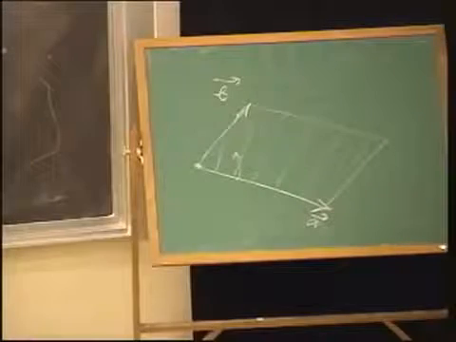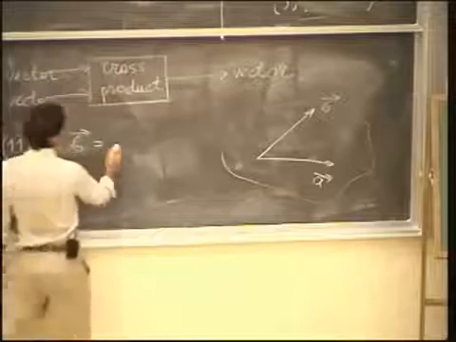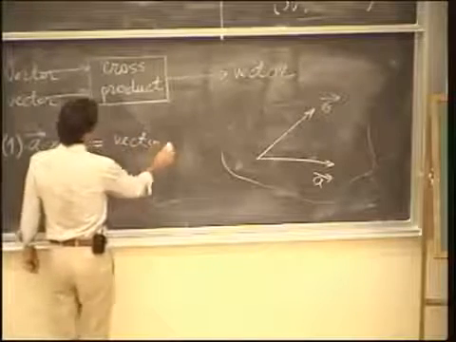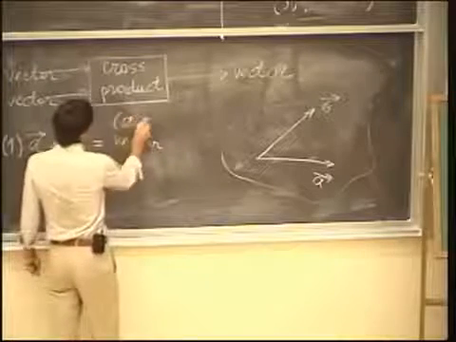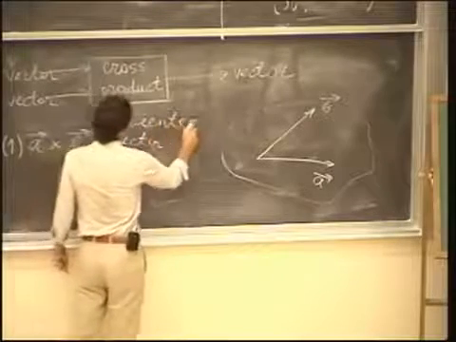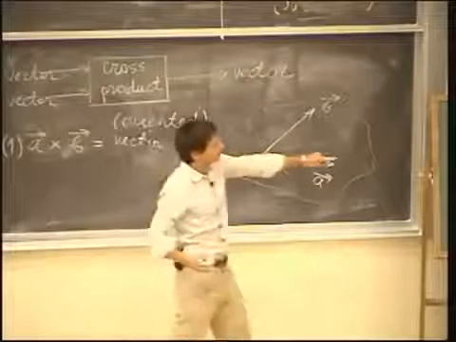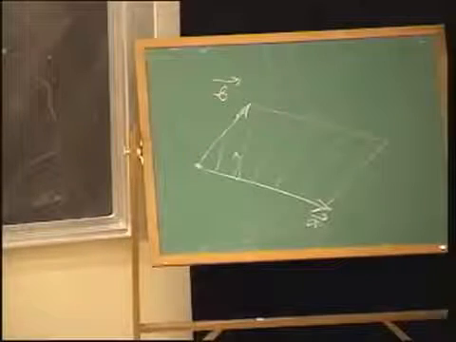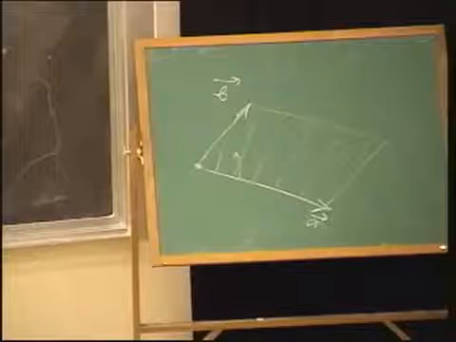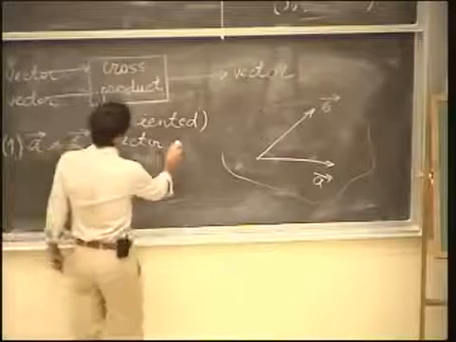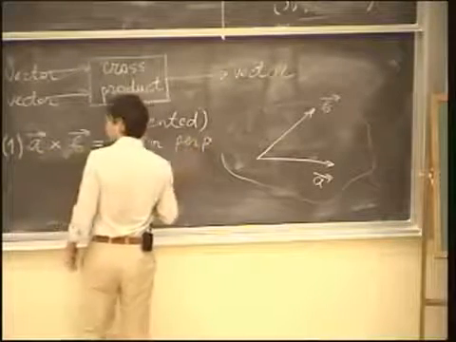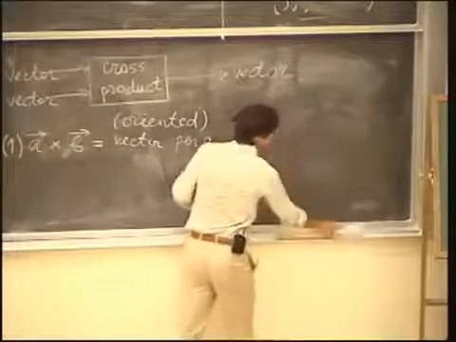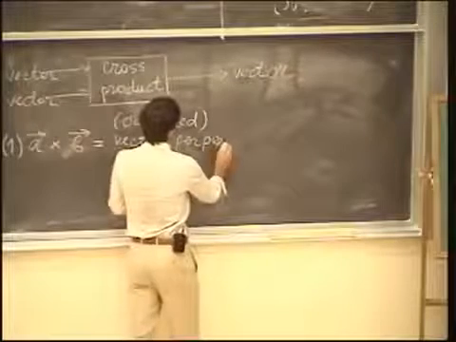So in words, the cross product is the vector perpendicular, and I will say the word oriented, where oriented means that A, B, and this vector satisfy the corkscrew rule or the right-hand rule, whatever you like. And this is a vector perpendicular to the plane spanned by A and B. I can erase this now because I have a much better illustration.